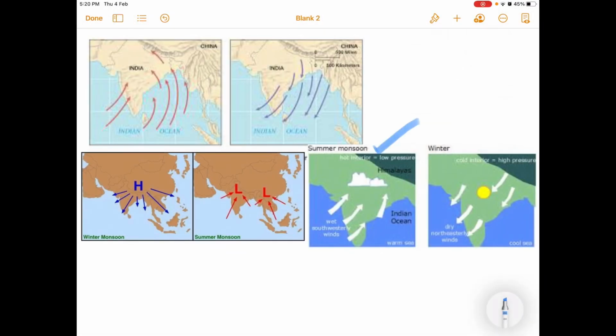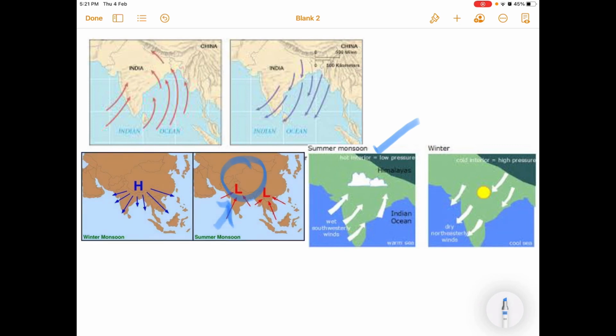Summer monsoon winds. During summer the land gets heated faster and a low pressure area is created over the central parts of Asia, and as a result of this low pressure most of the winds from the sea move towards the land.